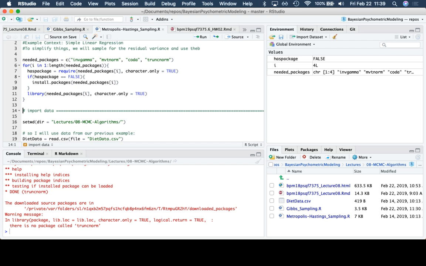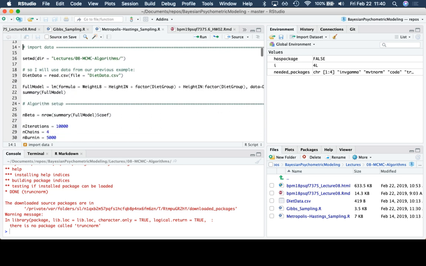Conjugate priors are such that you can always derive the complete conditionals. So conjugate priors can always use Gibbs, but they're not the only ones that can. So, cool? If you have conjugate priors, you can use Gibbs. If you don't have conjugate priors, you may still be able to use Gibbs. That's where I'm going with this. It's not both directions.